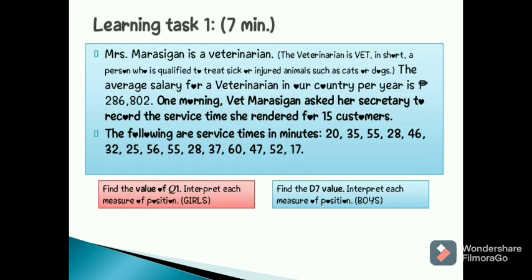Okay, learning task number 1. For 7 minutes, I will give you this learning task. Mrs. Marasigan is a veterinarian. A veterinarian is a vet, in short, a person who is qualified to treat sick or injured animals such as cats or dogs.